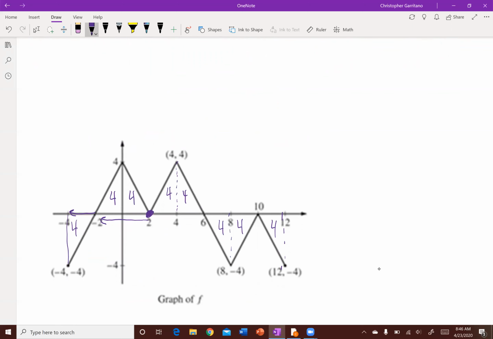Similarly, now when we move to the right of 2, we have a +8 from 2 to 6. And then we have an accumulated area of 0 overall from 2 to 10 because we've added 8, but then from 6 to 10, we've subtracted 8. So right now we're back to 0 at 10.